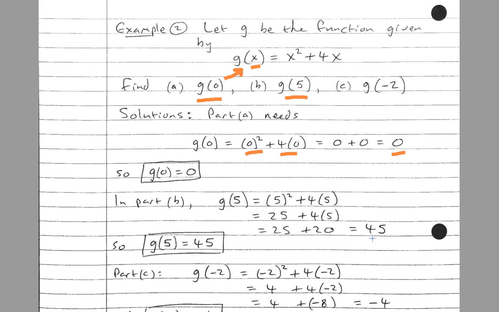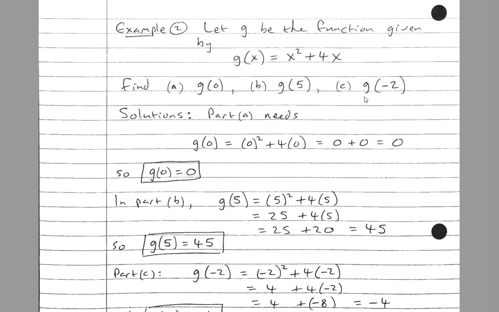Addition last, 45. All right, so for this function g, when the input is 5, the output is 45. 45 comes out. So you see that we're not really doing anything new. We're just evaluating this expression, this formula, for different values of x.